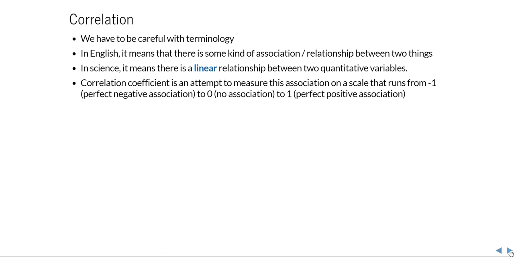You hear it used in all sorts of other ways in everyday English, and to be honest, I wish we'd accept that and come up with a different technical word for correlation, but that's not going to happen soon. So just remember, when you're using this in a scientific context, it has a very specific measure, and it's attempting to describe the association between two quantitative variables on a scale that goes from -1 to +1.